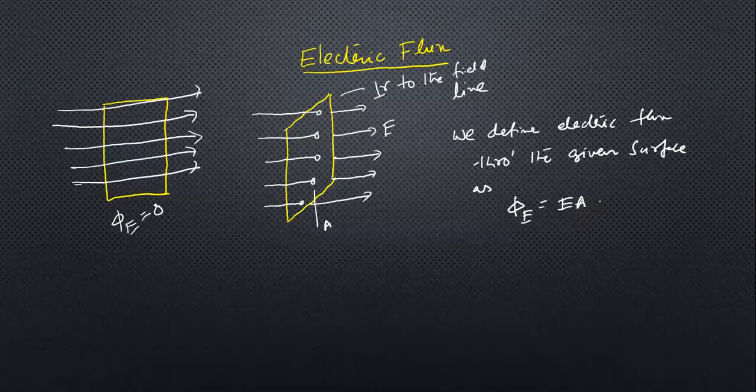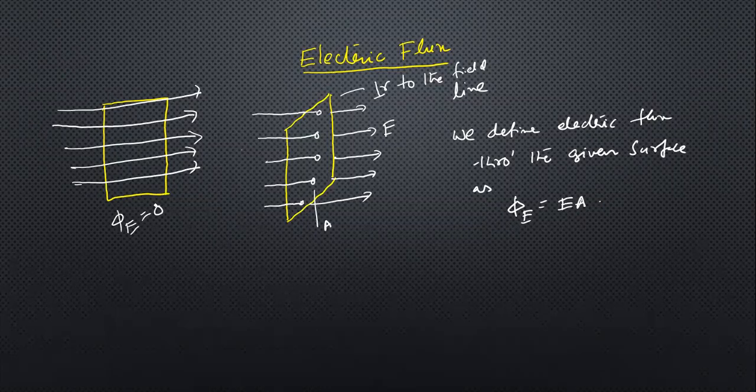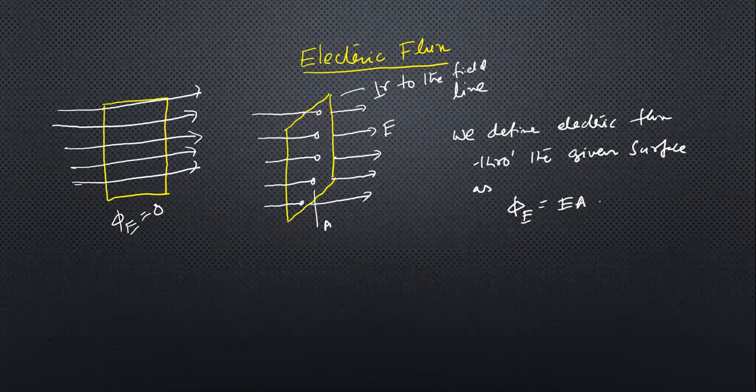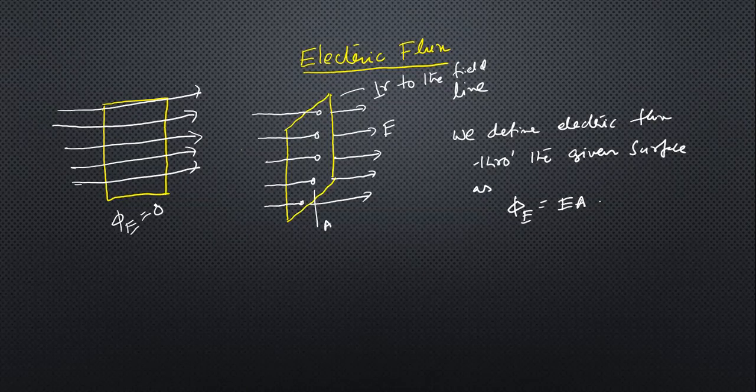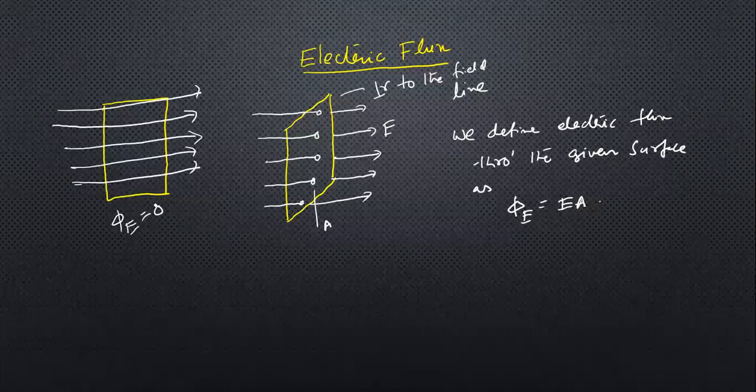So first of all, you should get an idea that there will be electric flux only if the field lines pierce the surface, not when they are parallel to the surface. And if the field lines go through the surface everywhere perpendicular to the surface, and if E is all over constant, then the flux, the mathematical quantity called flux, is equal to EA.